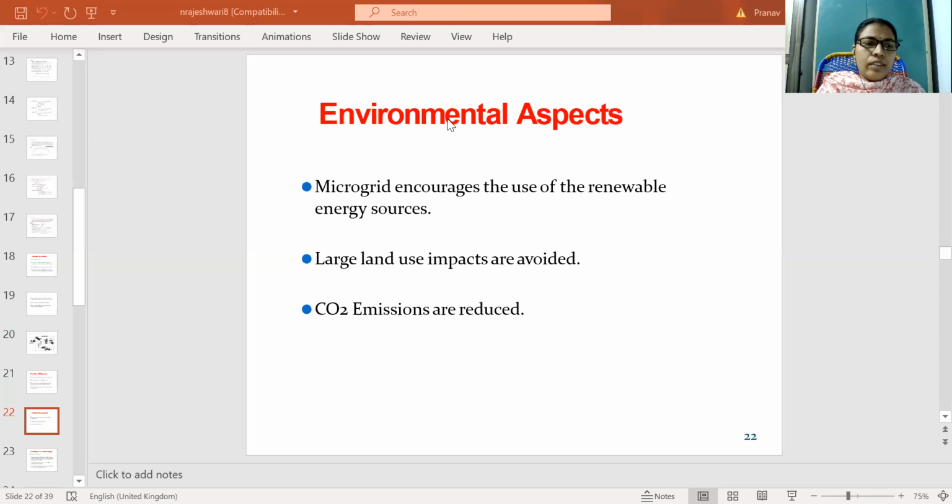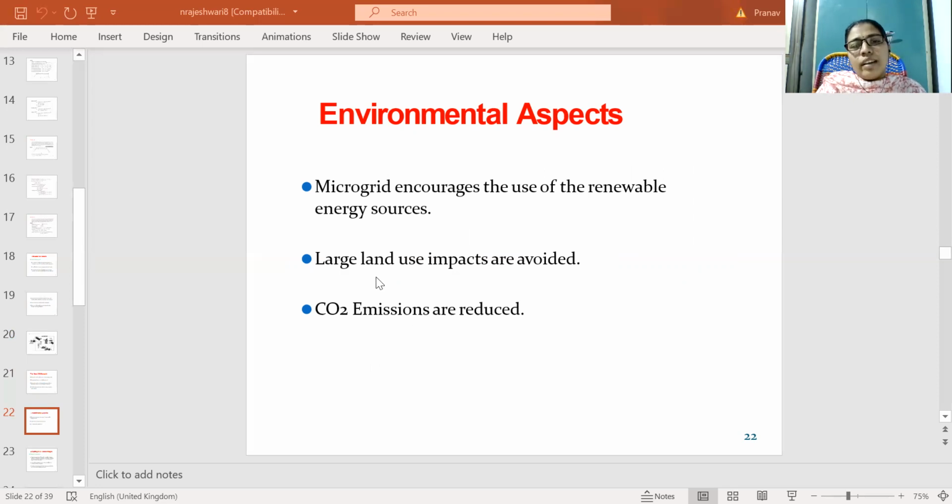And coming to the environmental aspects, the microgrid encourages the use of renewable energy sources, large land use impacts are avoided, and CO2 emissions are reduced.